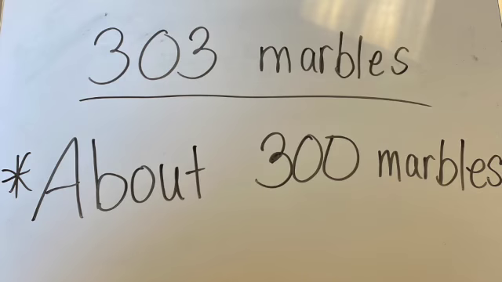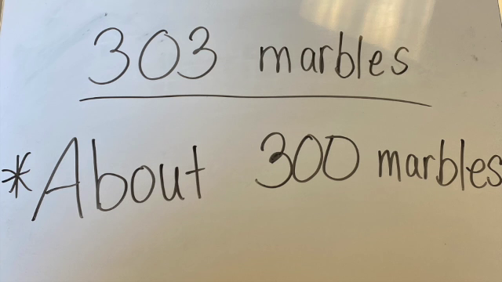An example of an estimate would be to say, if I had 303 marbles. Well, if I told my friend that I had 303 marbles, they might look at me and go, oh my gosh, how do you know that? I would have had to count each and every one by one to know that I have 303. But an estimate would be to say, I just have about 300 marbles, because it's really close to 303, and it's only 3 away.